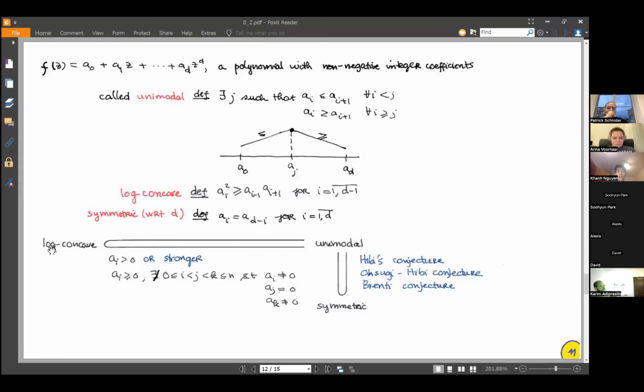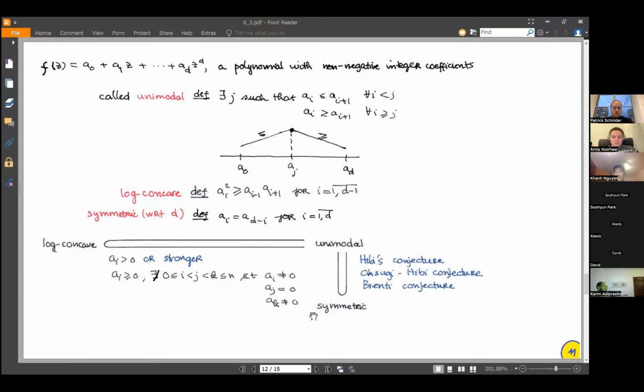Namely, to connect log-concave with unimodal, we have a statement like this: if a polynomial is log-concave, and we put more constraints on the coefficients, that all coefficients are non-negative, and there does not exist a triple i, j, k of indices in the interval 0 to n such that ai is different from 0, aj equals 0 and ak is different from 0, then we can conclude that F is unimodal.